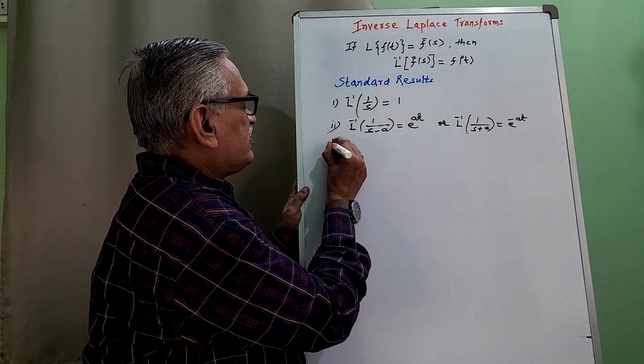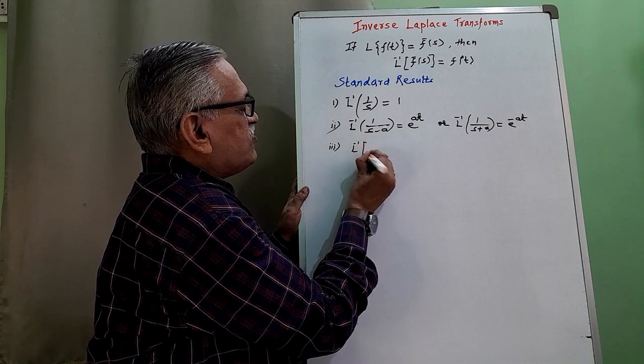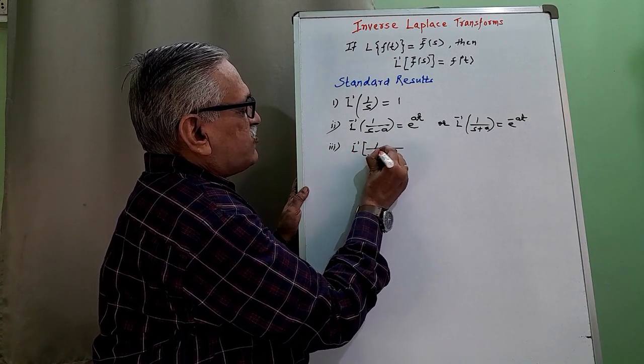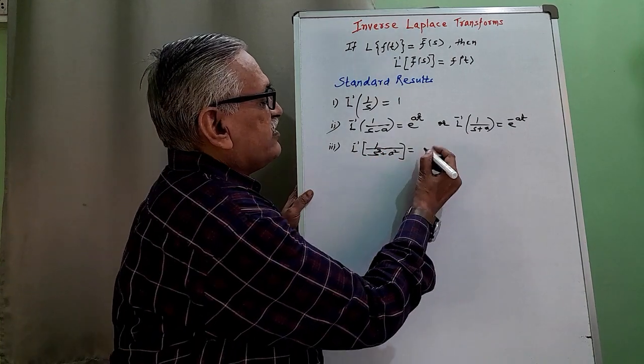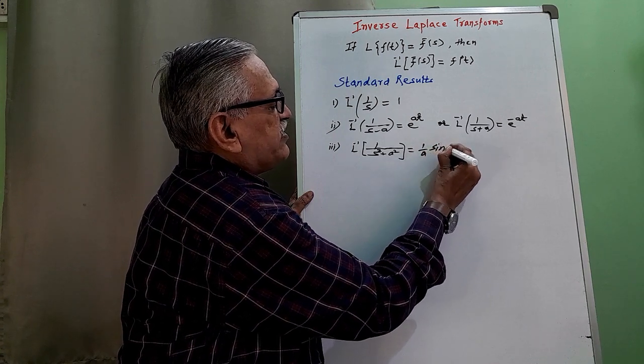Then third, inverse Laplace of 1 upon s square plus a square is 1 by a sine of at.